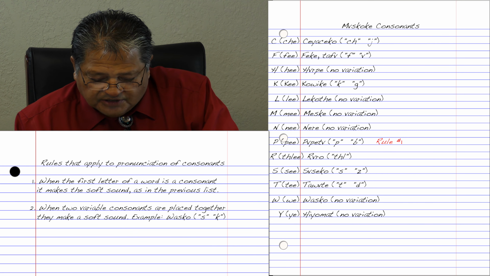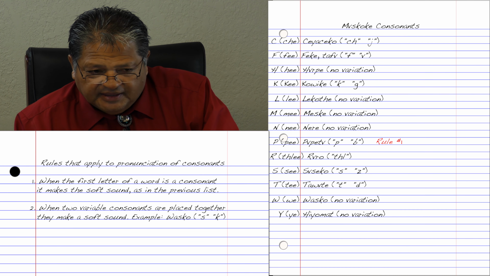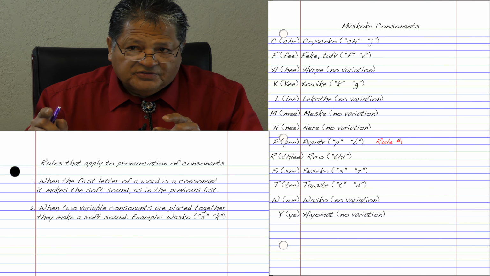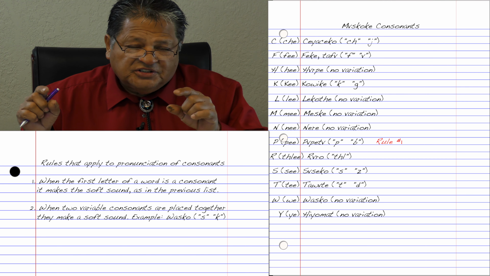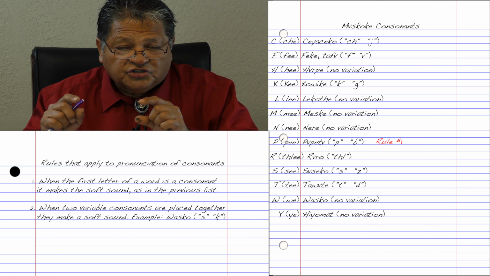When two different variable consonants are placed together, they make a soft sound. Let me explain that. If they are different consonants and not the same consonant, when they're placed together, they both make the soft sound.